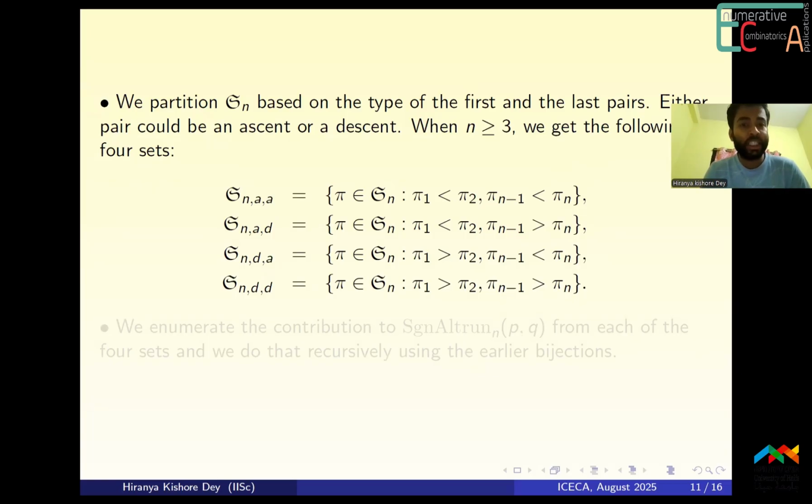So we partition Sn based on this, and that breaks it into the following 4 sets. Now we enumerate the contribution to the signed alternating run polynomial from each of the 4 sets. Over each of the 4 sets, we do that recursively using the earlier bijections, and using these recursions inductively, we prove our result. So that's the idea of our proof.